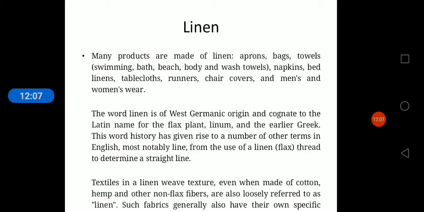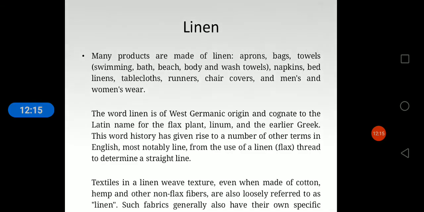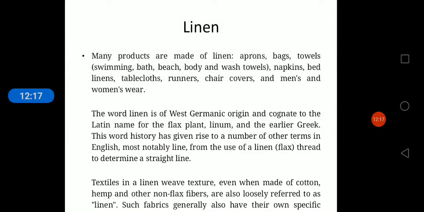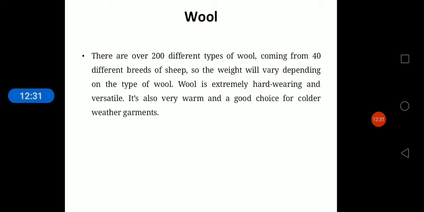This word history has given rise to a number of other terms in English, most notably line, from the use of linen flax thread to determine a straight length. Textiles in a linen weave, even when made of cotton, hemp, and other non-flax fibers, are also loosely referred to as linen.